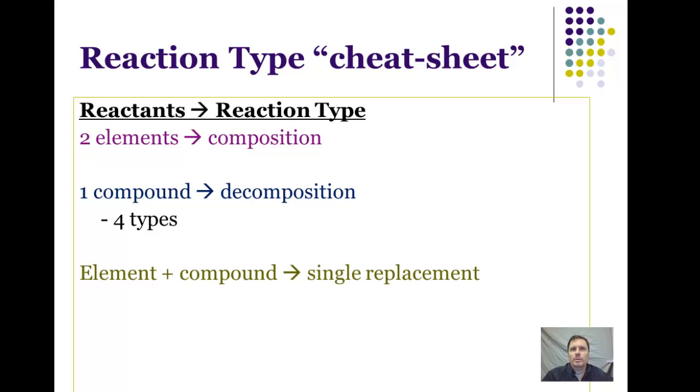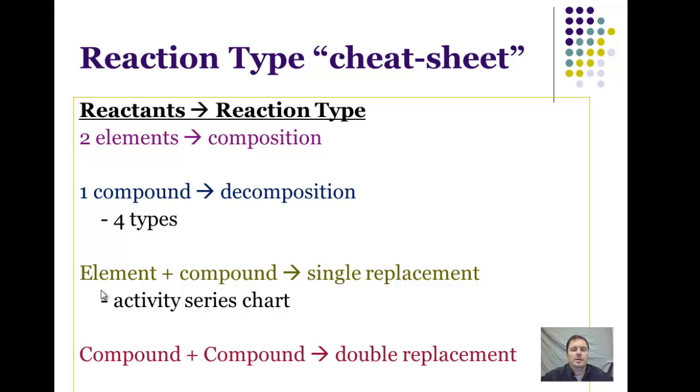If you start with an element plus a compound, it's going to be a single replacement if this single element here is more active than the one in there. So look at our activity series. Finally, if you have two compounds, you're going to have a double replacement, but at least one of them has to form a precipitate. So look at the solubility charts.